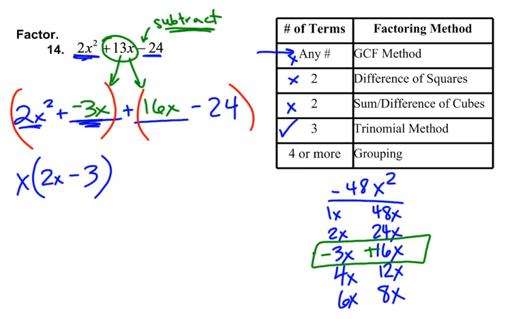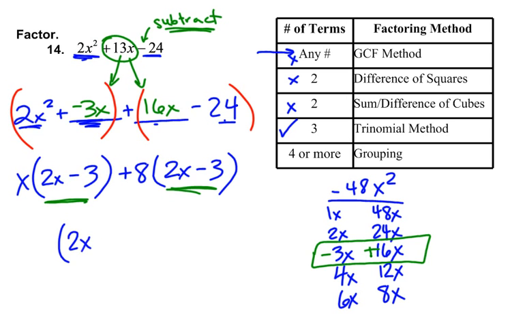Then we go to our second set, and we look at 16x and minus 24. The biggest number that will go into both of those would be a positive 8. So when we divide positive 8 into both of these terms, we'll get 2x and minus 3. Again, hopefully you're noticing we have 2x minus 3's there, which fits our plan perfectly.